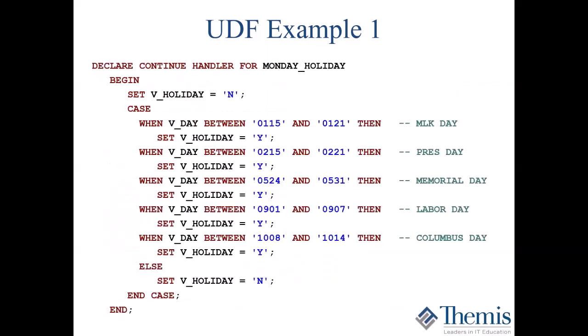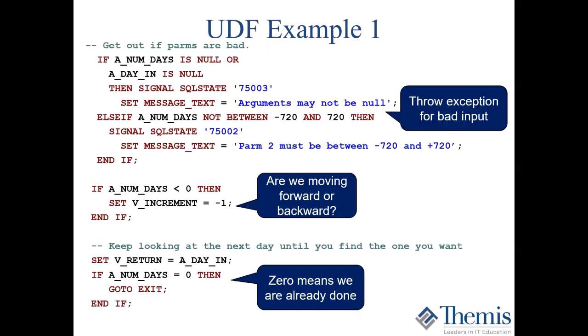as we go. I'm going to skip forward a couple of slides here. This is actually the beginning of the code. Now we have a handler up there, which I'll talk about in just a minute, but this is where the actual code starts. So those first two things, if number of days is null or day in is null, those were my two arguments. One of the key things about arguments in UDFs is that they can always be null.